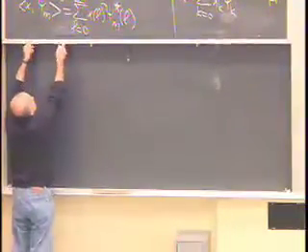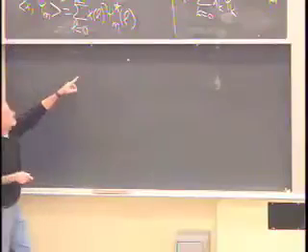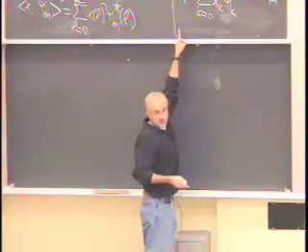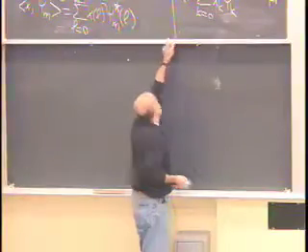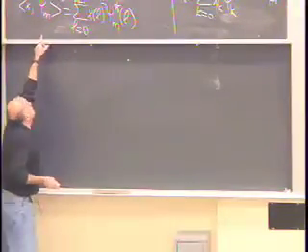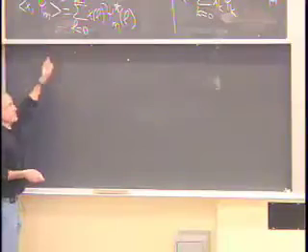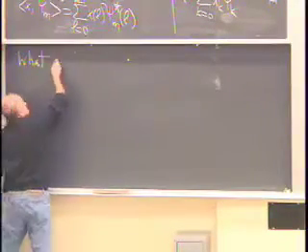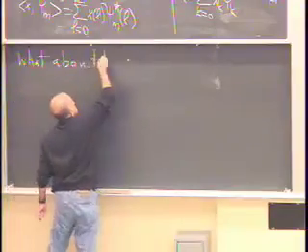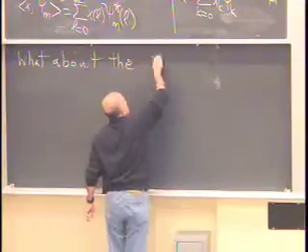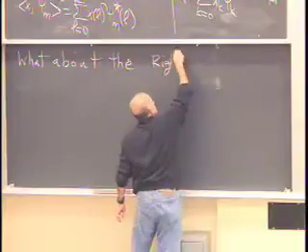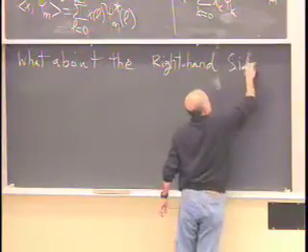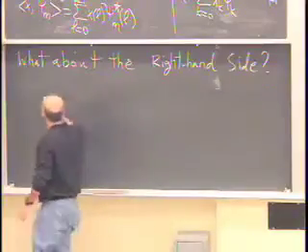But this is all only on the left-hand side. On the left-hand side of this equation, I've taken x and I've projected it onto Cm. Now, what happens when I project the right-hand side? I have to do the same thing there.